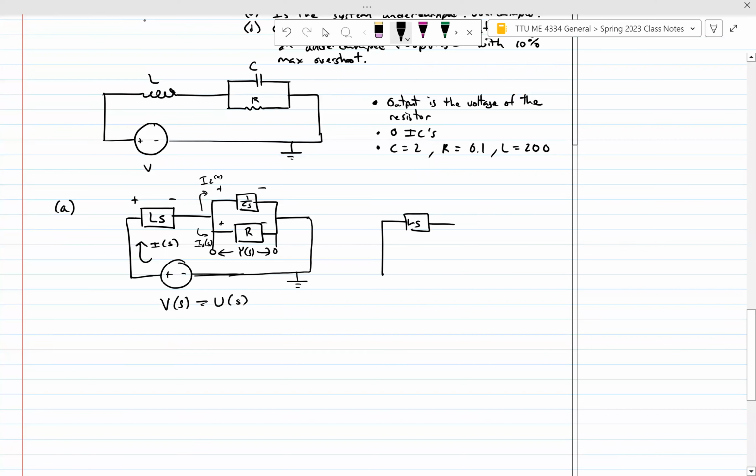We have L times S, and then I am going to combine both of these elements. What is the combined impedance for both of those elements there? One over CS plus R. CS plus one over R. You guys got to review how to combine impedances or resistances in parallel, right?